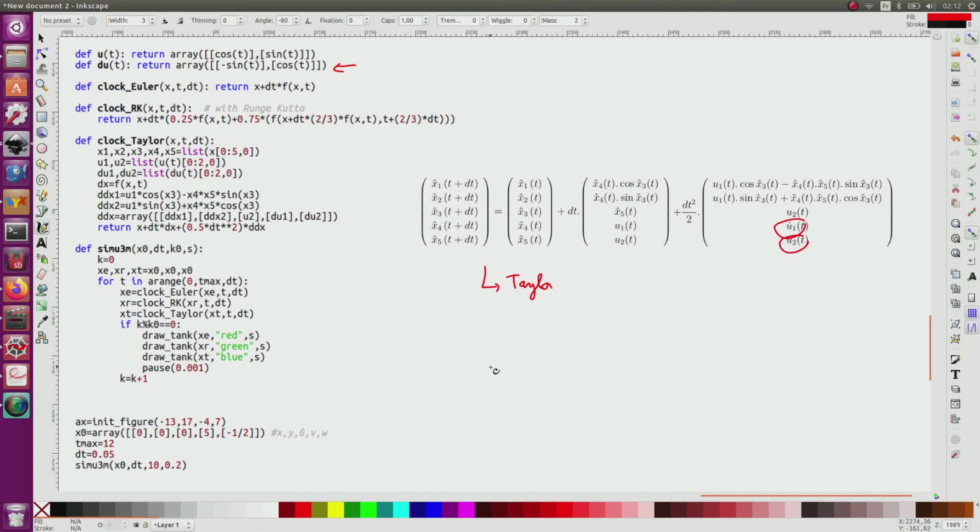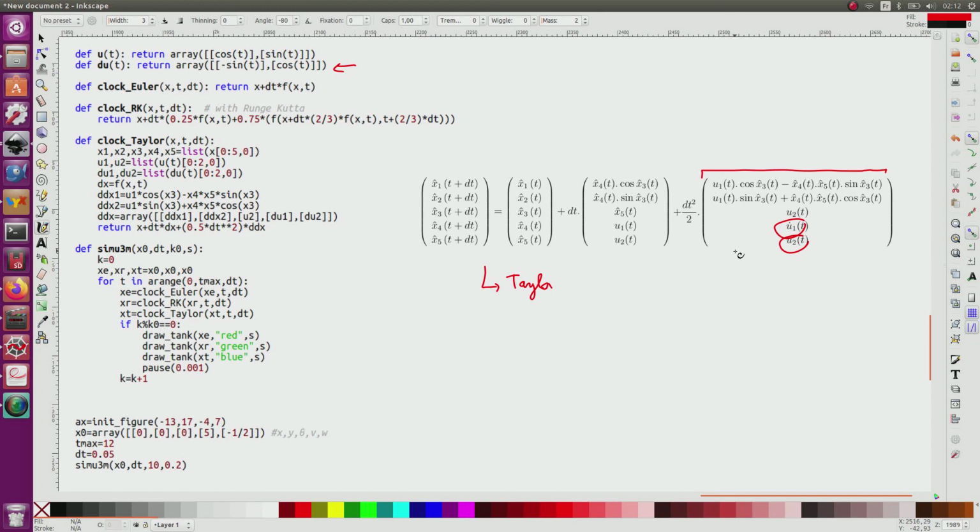I also need to program this expression, which was not the case for the Runge Kutta, and this is also why we prefer in general Runge Kutta. It is the main reason. But now with symbolic calculation, we can compute automatically the derivative, which makes the Taylor method sometimes quite interesting.